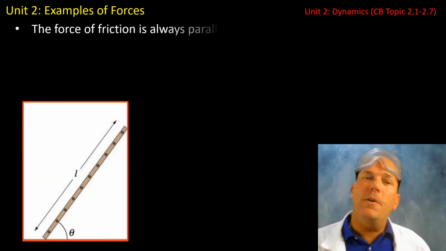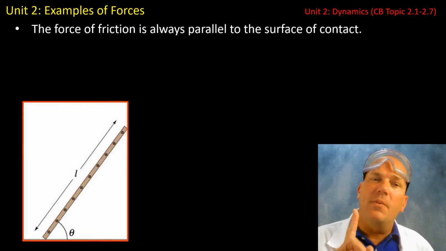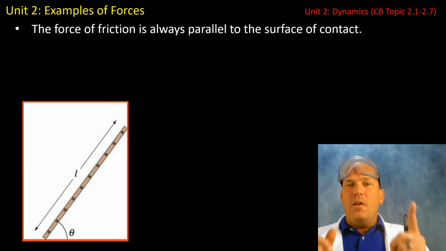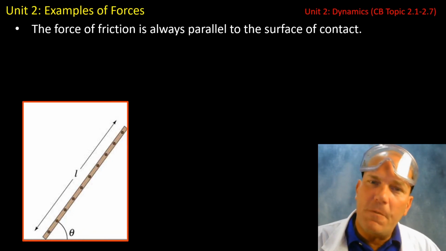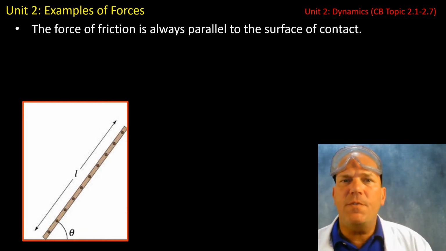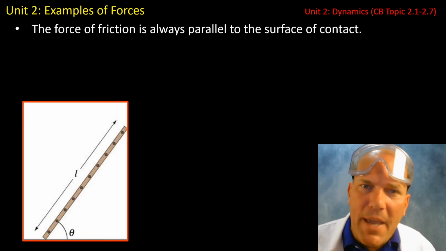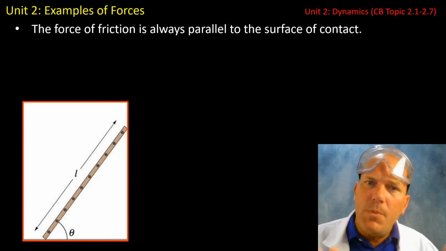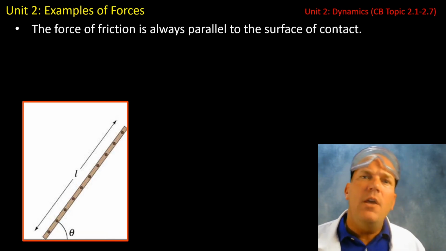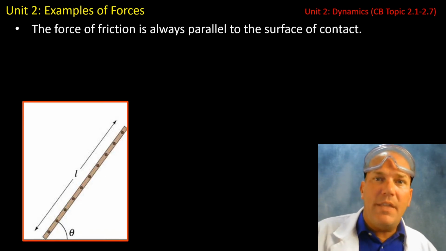Now, I want to go over 3 items here before I close this out. So, first, the force of friction is always parallel to the surface of contact. So think back about the man pushing on the crate. The man was pushing to the right. The counter force, which was the force of friction, was pushing back to the left.